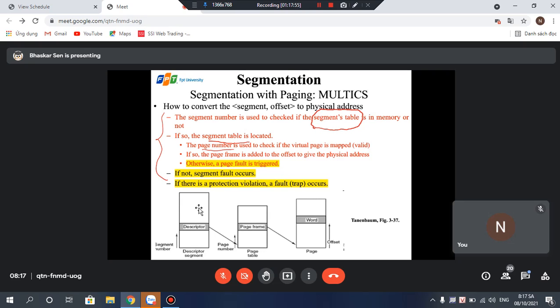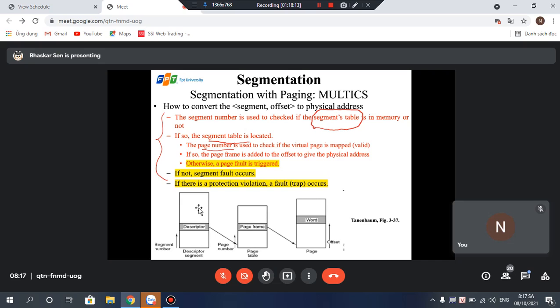If so, the segment table is located. The page number is used to check if the virtual page is mapped, is a valid thing or not. If so, the page frame is added to the offset to give the physical address.